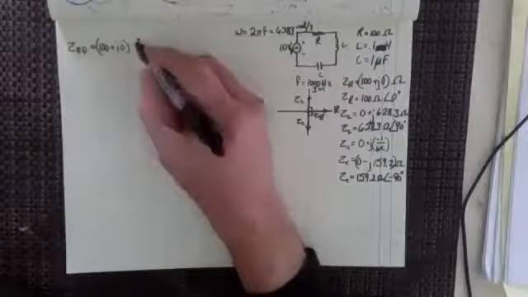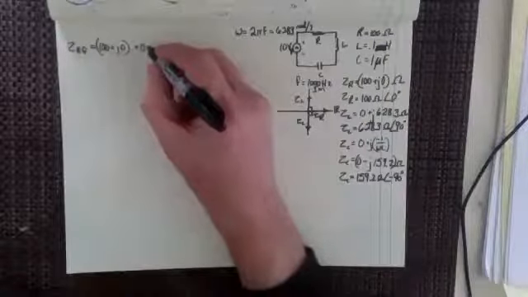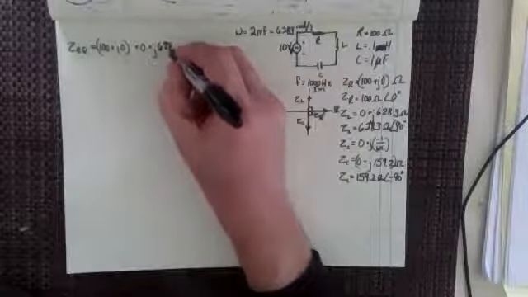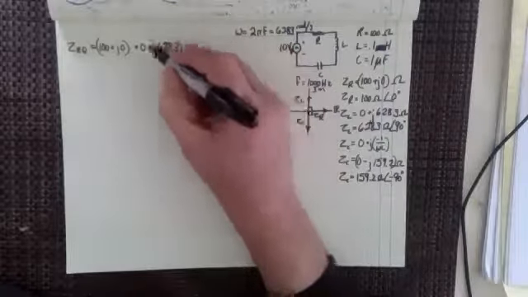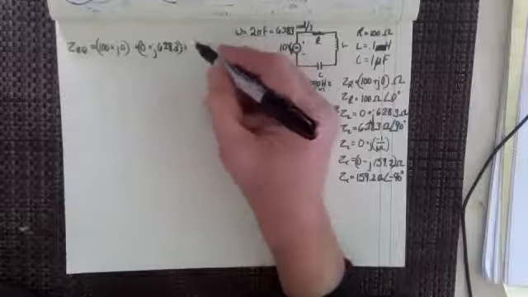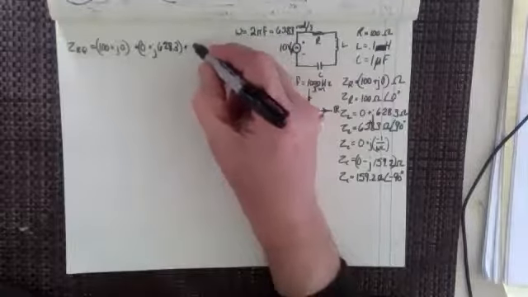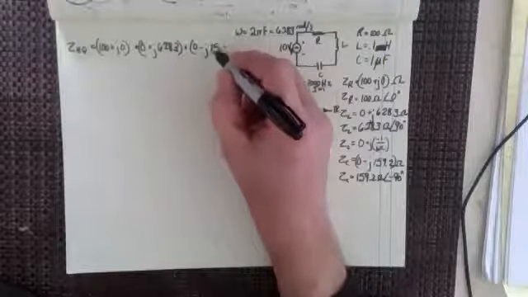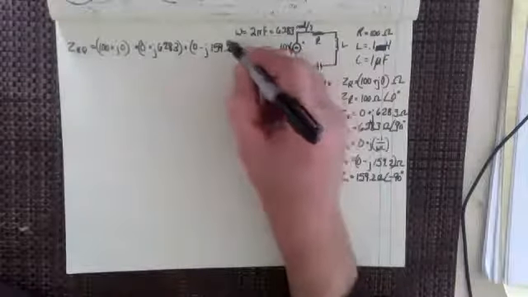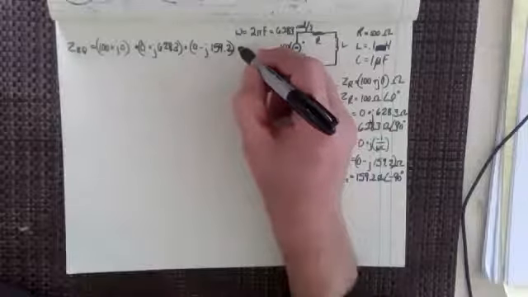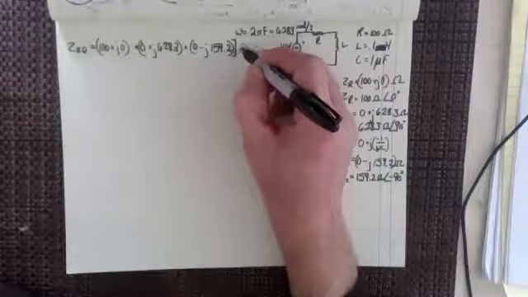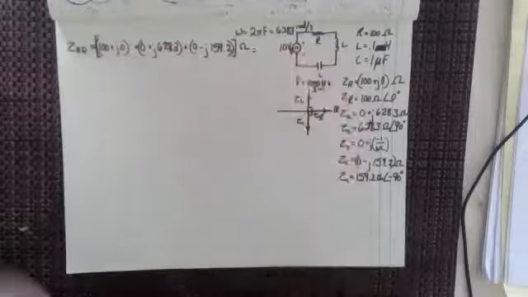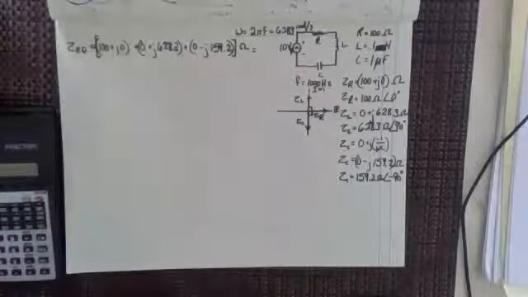plus 0 plus J 628.3 plus 0 minus J 159.2, right? And of course, those are all ohms. I'm just going to put some brackets around here so that we realize that those are all ohms.